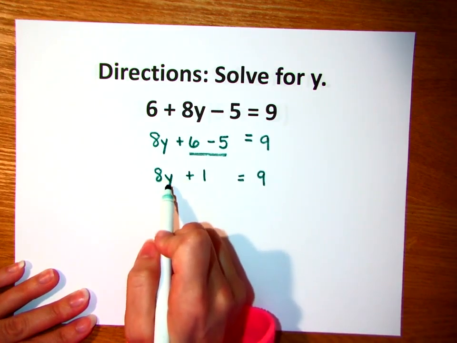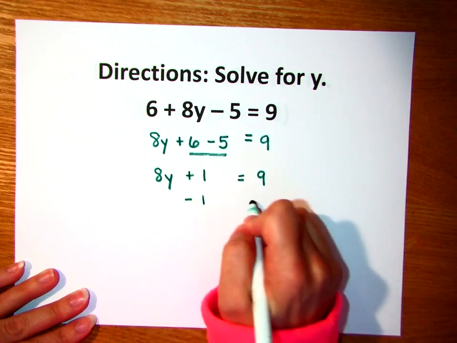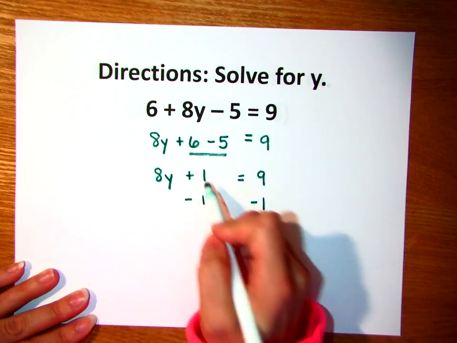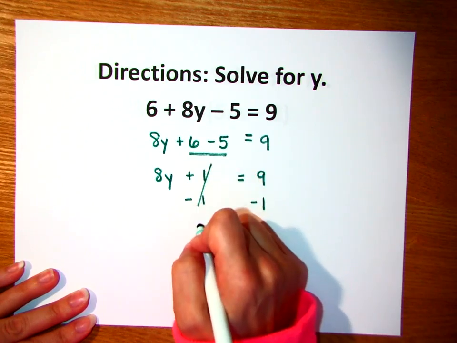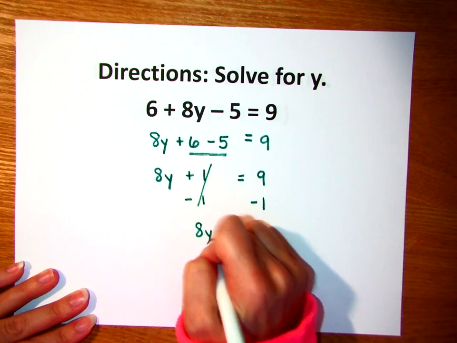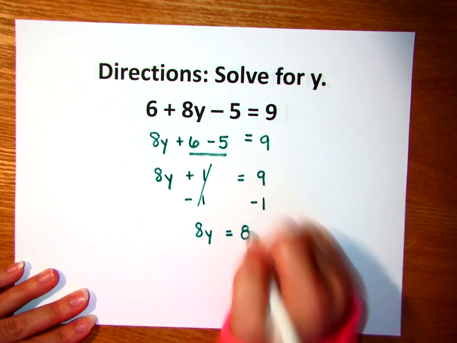Well, if you see the y right here, it's 8 times y. That's multiplication. But it's also being added by 1, which means we're going to subtract 1 from both sides here, because 1 minus 1 will cancel. It's 0. So that leaves us with 8y on this side. And 9 minus 1 is equal to 8.